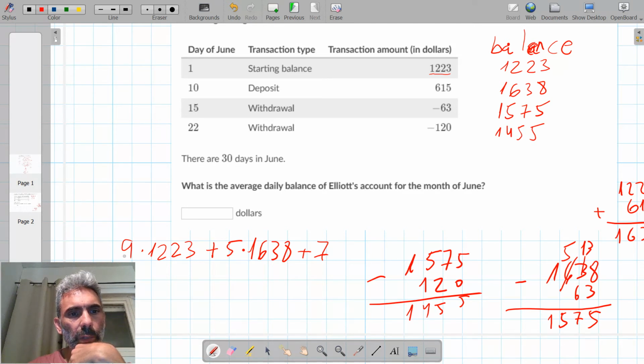So for a period of 9 days, the balance was $1,223. Then for a period of 5 days, from June 10th to June 14, the balance was $1,638.